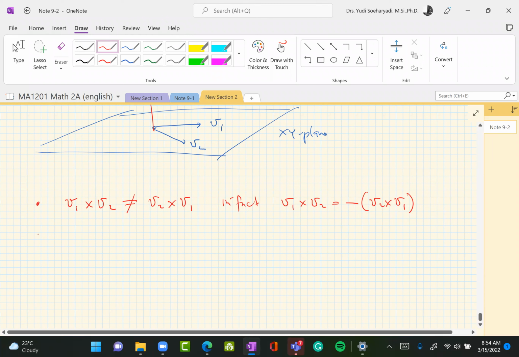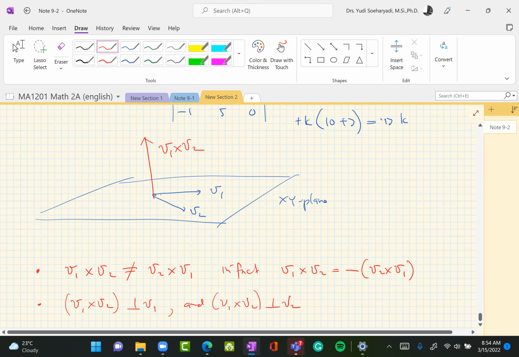But this one, if you switch the order, you get negative signs, so the opposite direction. And what I'm saying is that V1 cross V2 is always perpendicular to V1 and also perpendicular to V2. That's why when you have two vectors on the xy plane, the product V1 cross V2 only has a k component.